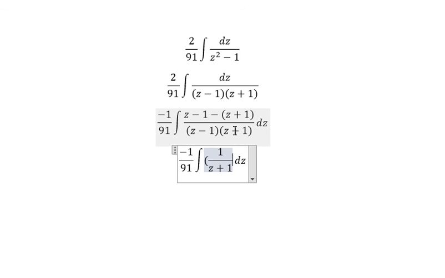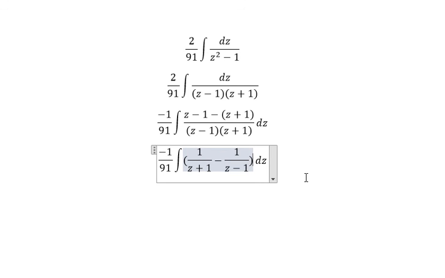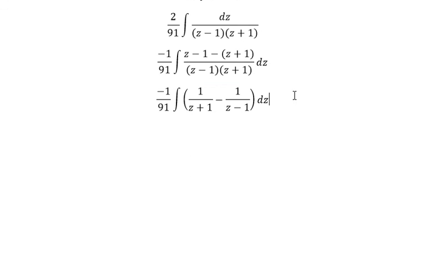Z plus 1 divided by z plus 1, you will get negative 1 over z minus 1. And now we can get the final answer. The integral of 1 over z plus 1, you will use ln of absolute value of z plus 1. And similarly the second one.